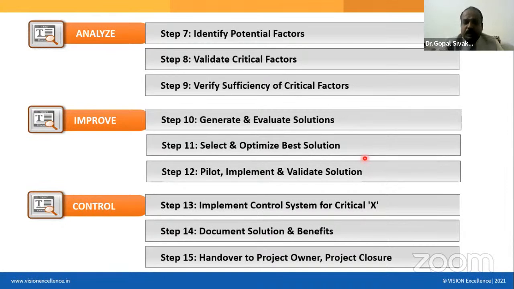You are not only solving problems, you are taking effective decisions, you are managing the team, you are managing the project, you are even managing the communication. Everything is made crystal clear so that results happen for sure. And in the control phase, the main deliverable is the control plan and documentation related to the project. So how to do that? That is explained in the 3 steps.